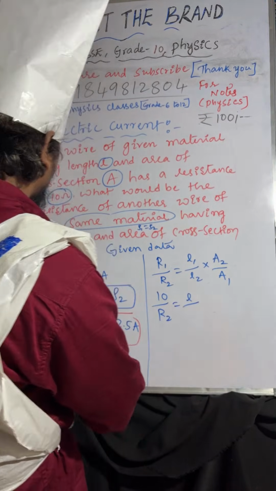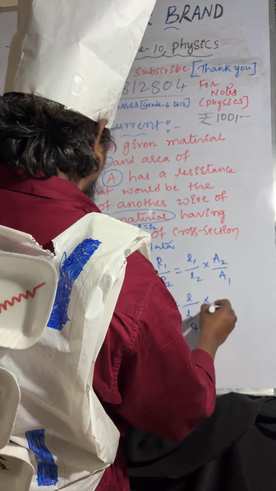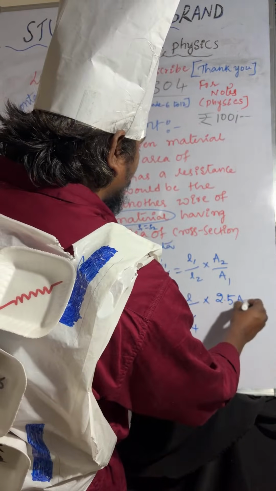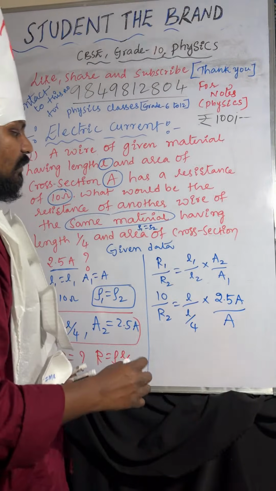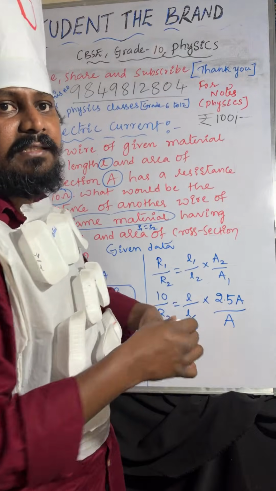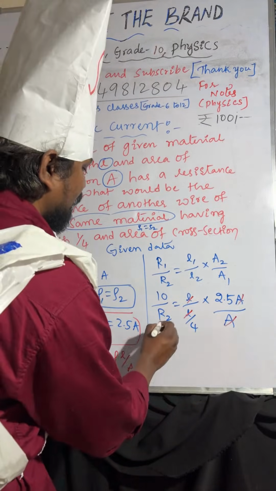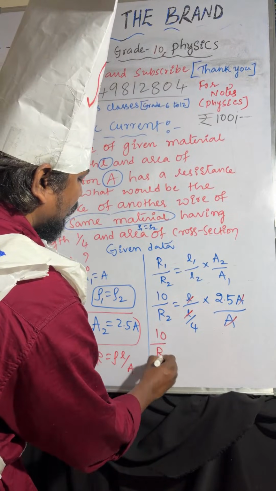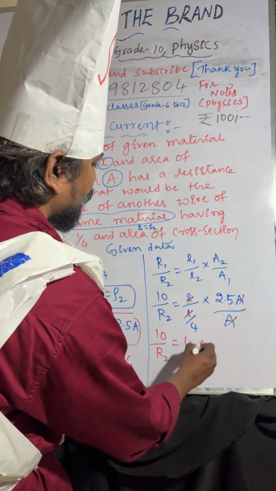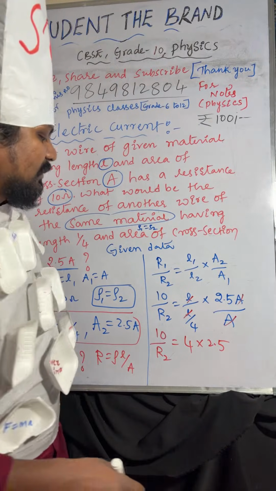L1 by L2 with L2 equal to L by 4, and A2 equal to 2.5 A by A. So we can cancel L and A. Then 10 by R2 equal to 4 into 2.5, if you cross multiply.